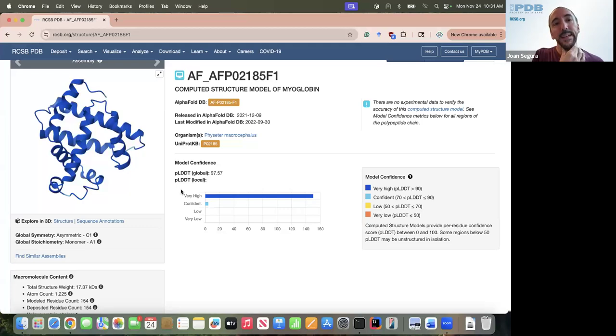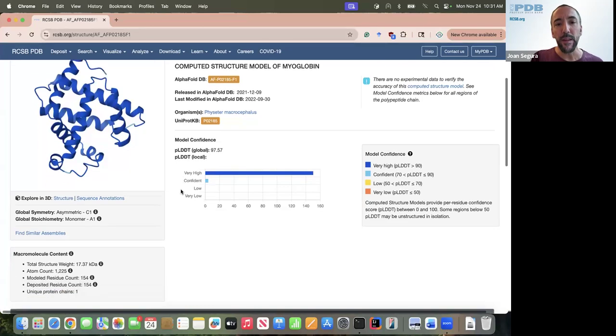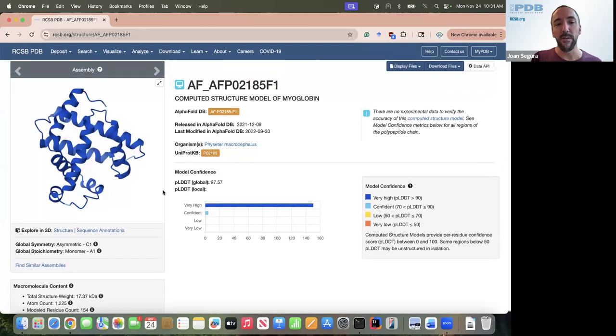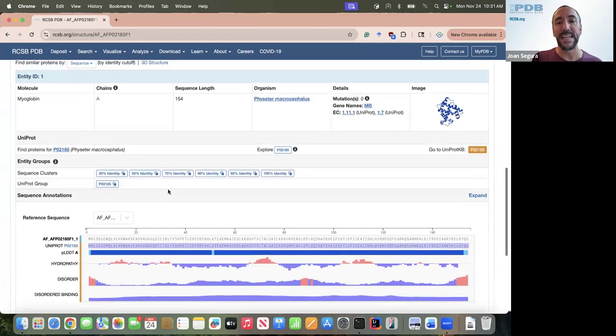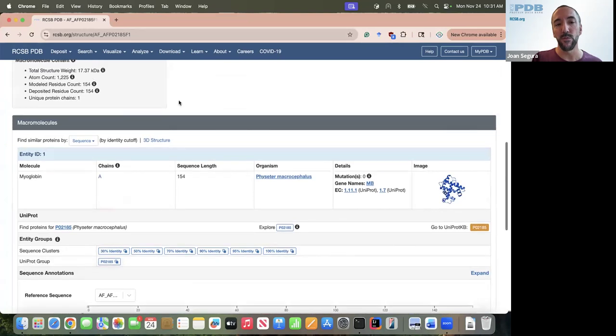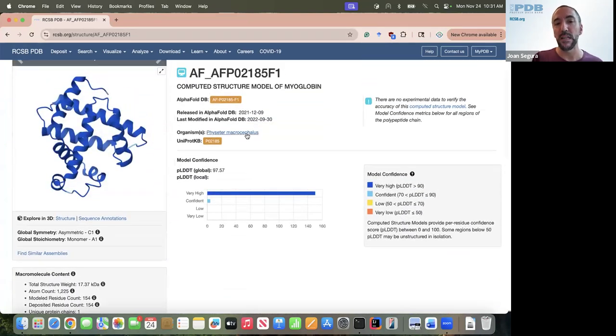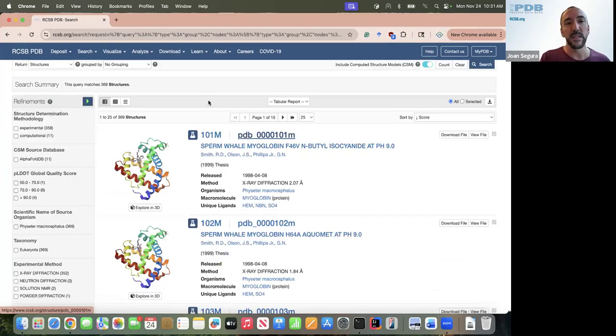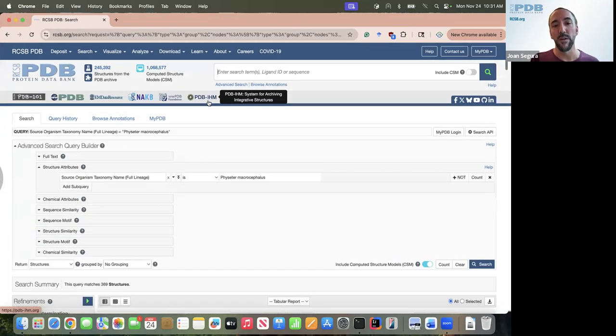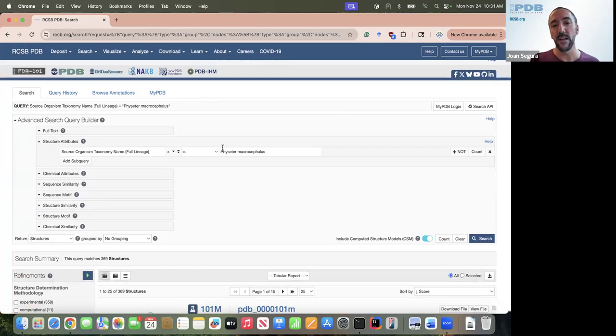And just to end the demo, in the structure summary page we provide many links to advanced search. For example, we have organism. If you click here, you go to our advanced search and you are searching by the organism name.